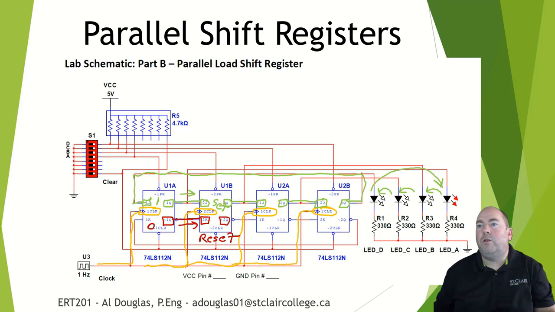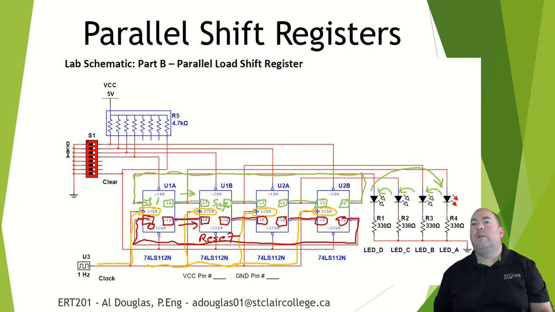And then we're going to go Q bar goes to K, Q bar goes to K, and Q bar on this last one wraps all the way around, comes back to K on the first one. So that is how we connect the flip-flops together.